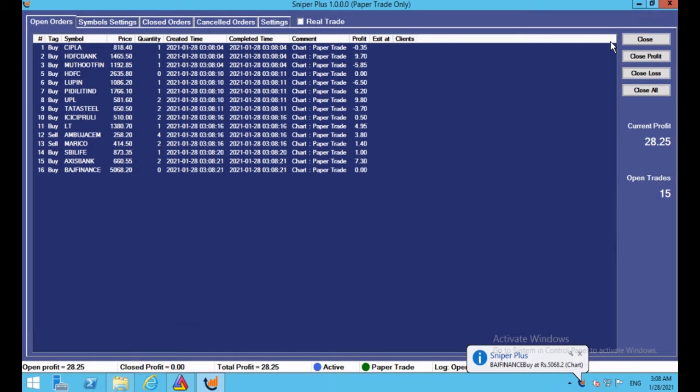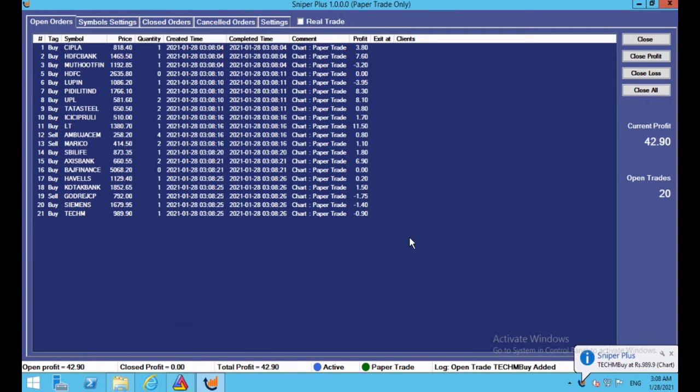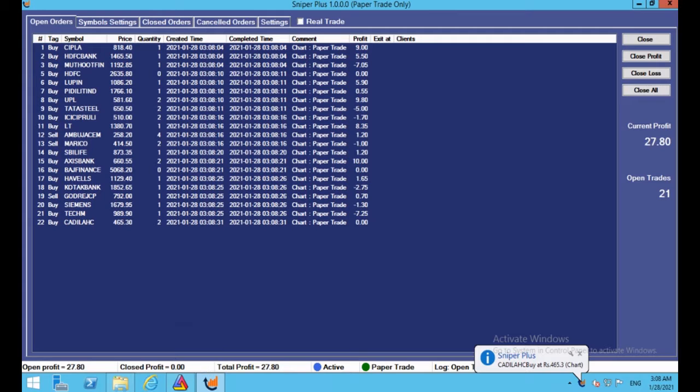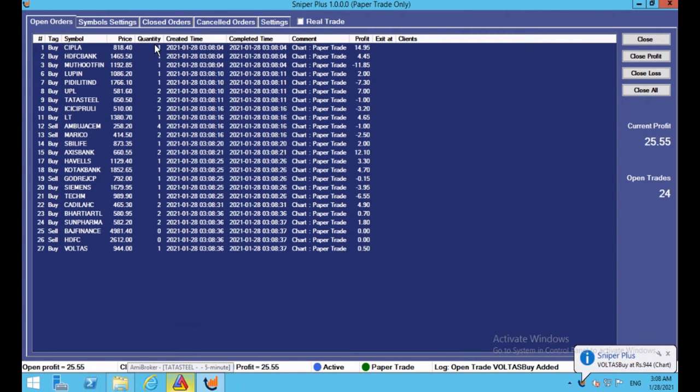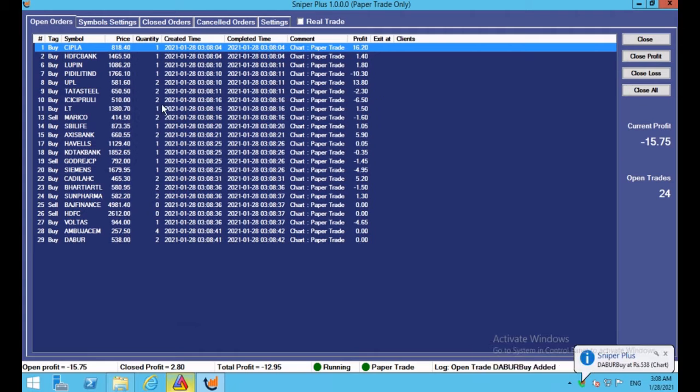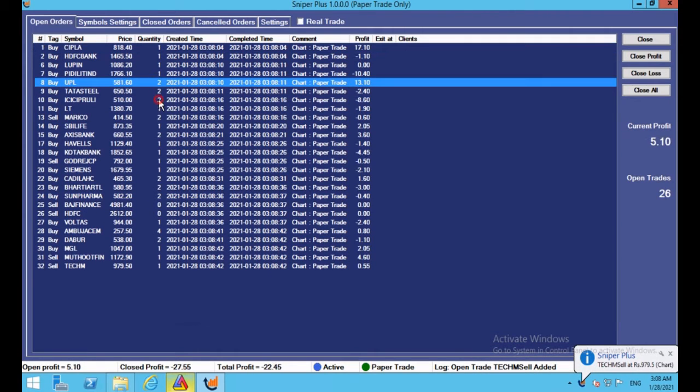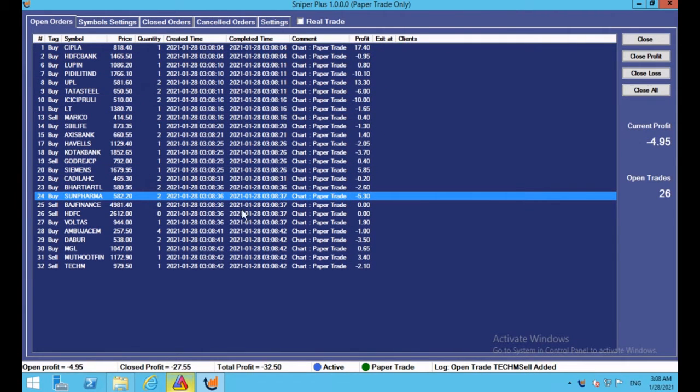Let's minimize AmiBroker and come to Sniper Plus. Our robo can capture the orders even if AmiBroker is minimized. Here we can see the total profit, and depending upon the capital, the quantity has been taken.